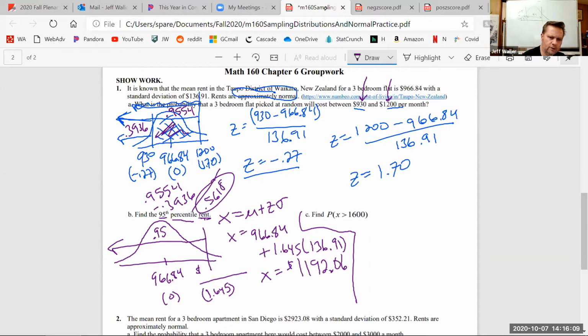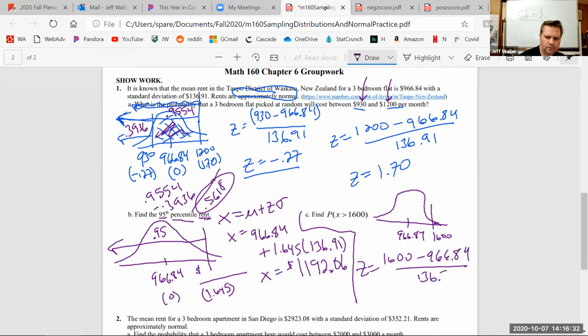Did this guy come out weird? Is that what's going on? Yes. Yeah, I know he would. So this is still 966.84. I want the probability it's greater than 1600, but when you try to convert that to a z-score, what do you get? 4.62. Yeah, somebody remember what happens when it's off the chart?